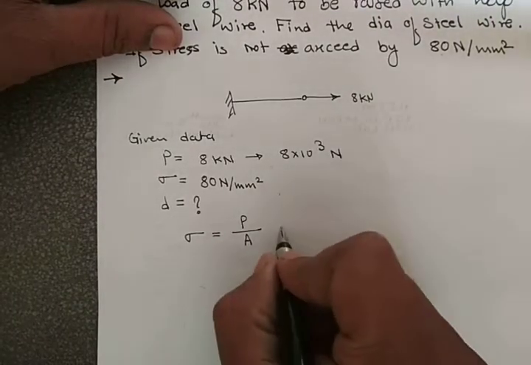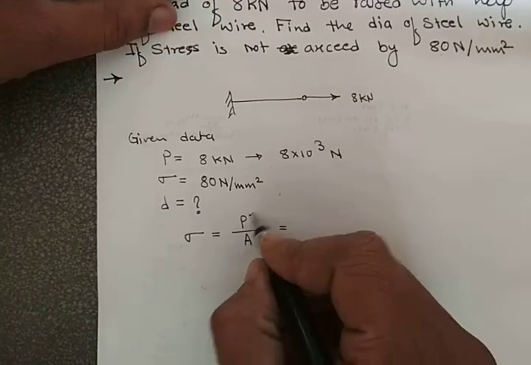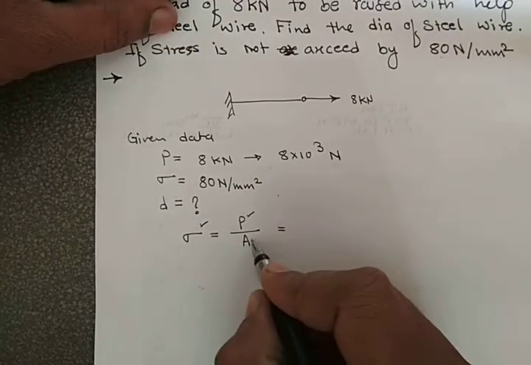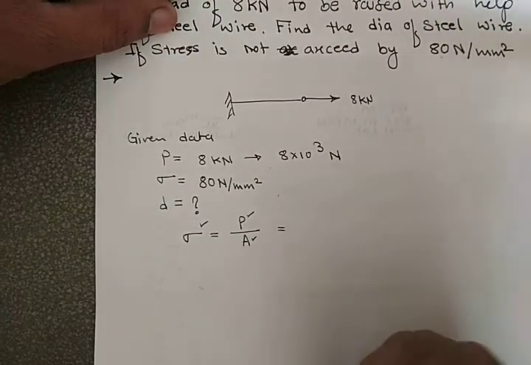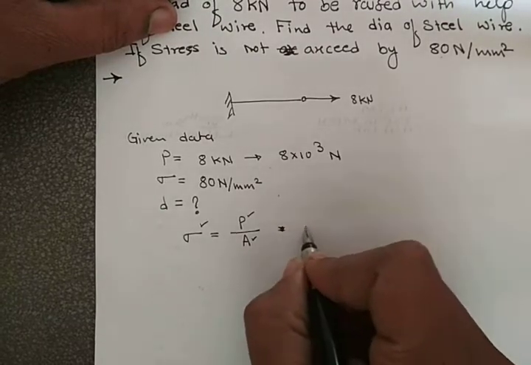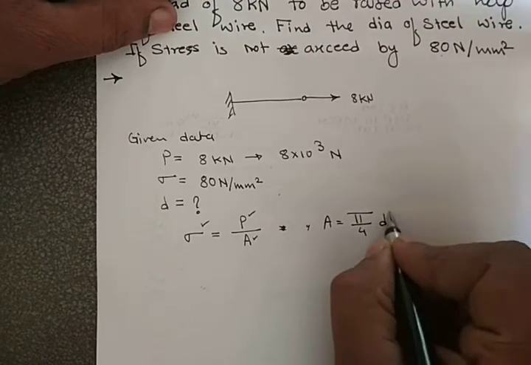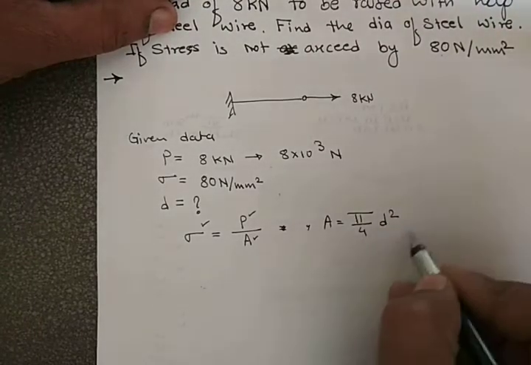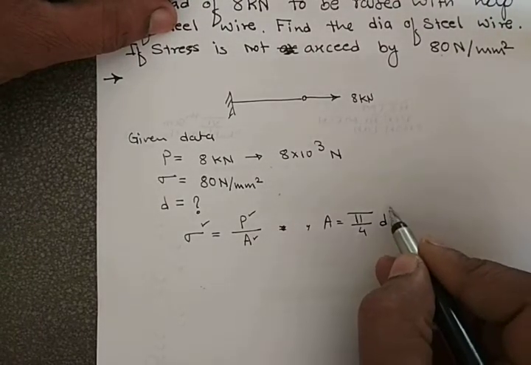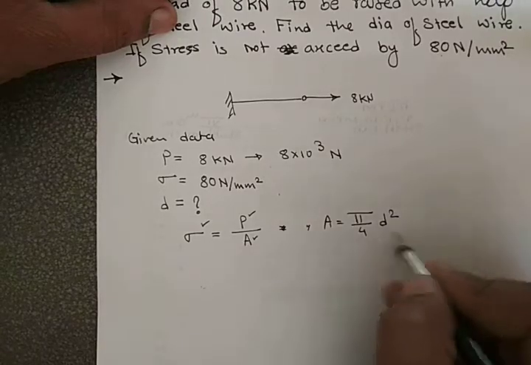If we see, we have P, we have stress, but we don't have A. A is nothing but pi by 4 d square. From the area formula, we can find the diameter, that is the unknown term.